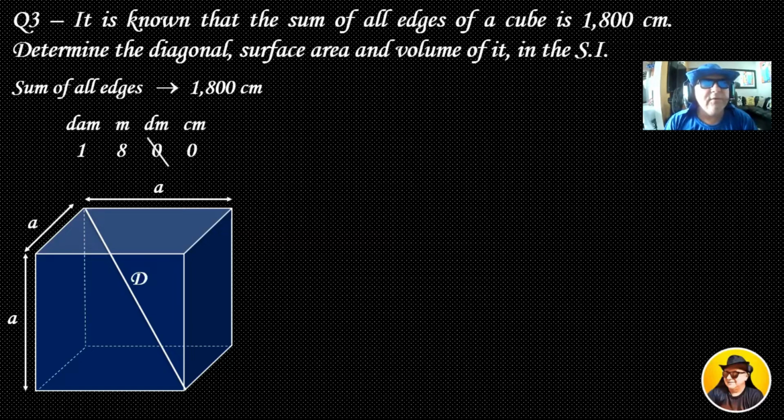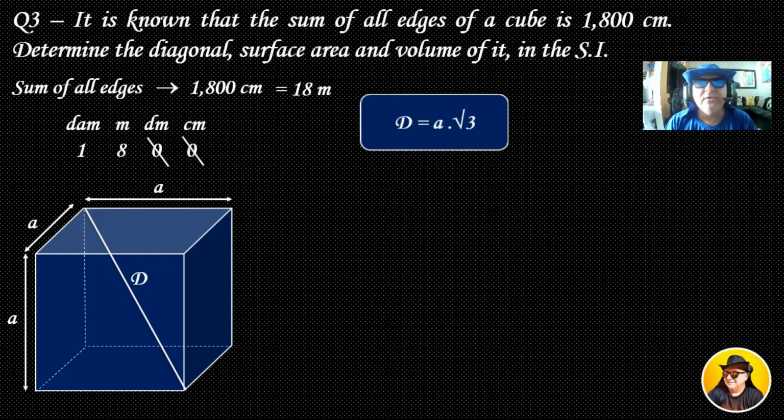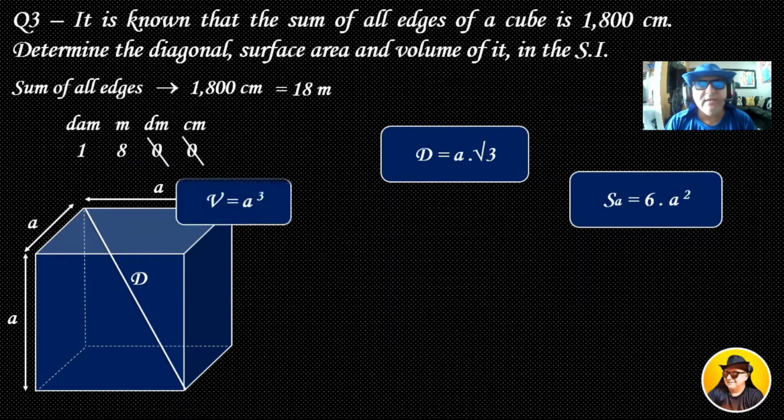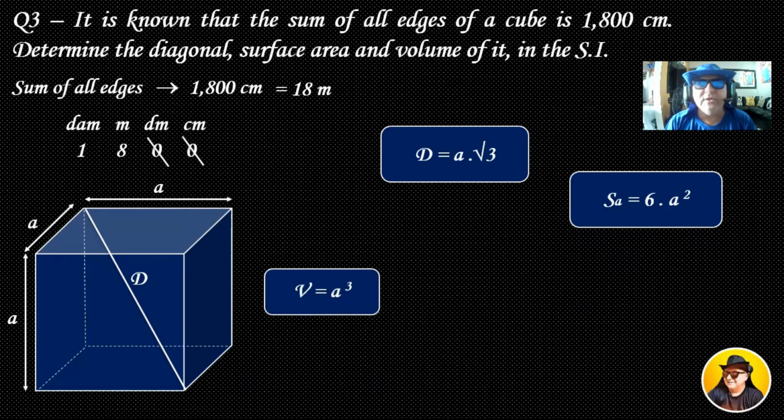So you can cancel out those zeros, and you have that 1,800 centimeters is the same as 18 meters. Okay, excellent. So the diagonal formula, surface area formula, and the volume formula. Let's plug the value into those formulas.